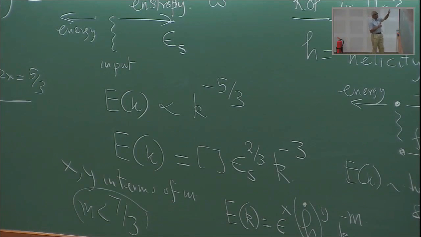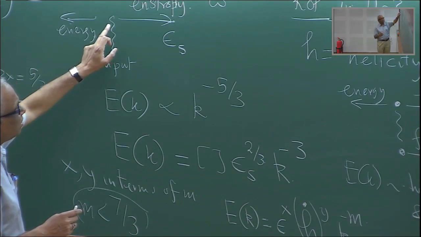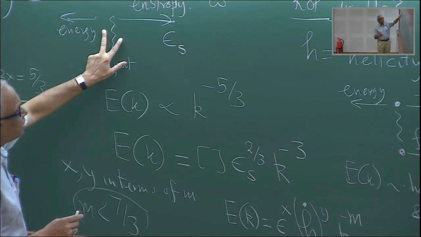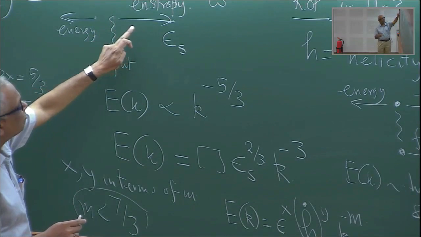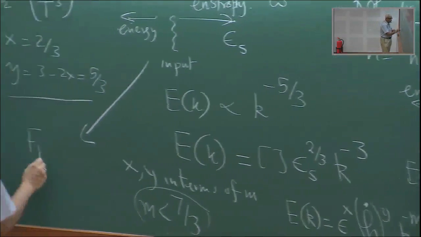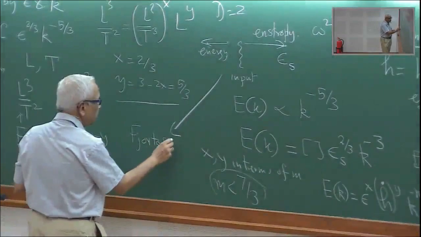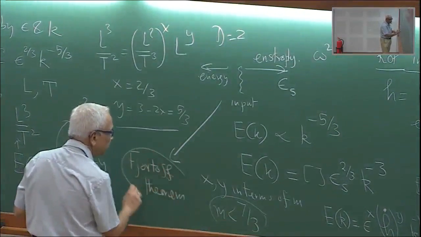There is a difficult bit of physics over here, that's the part which I did not talk about, that there are these two things which can cascade, and how do I argue that this goes forward and this goes backward? That's known as the Fjortoft theorem. This is something which you can do the background reading on.